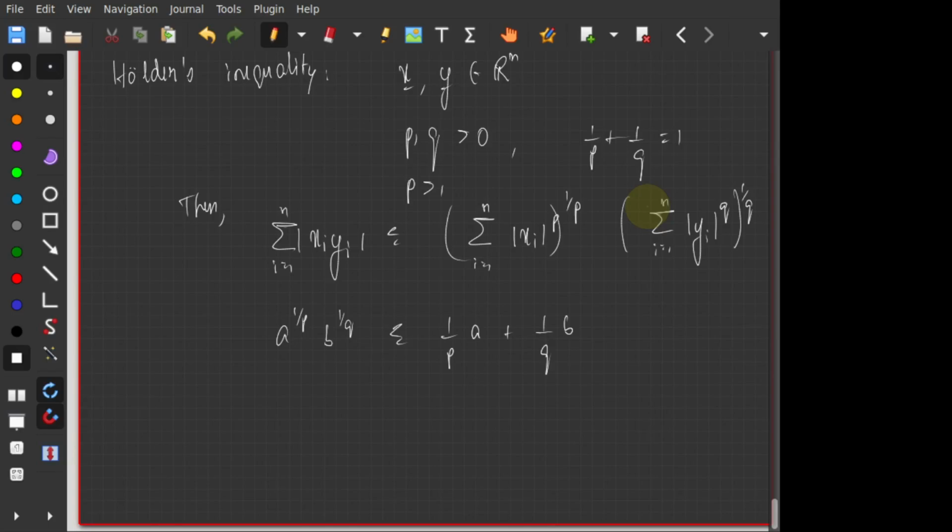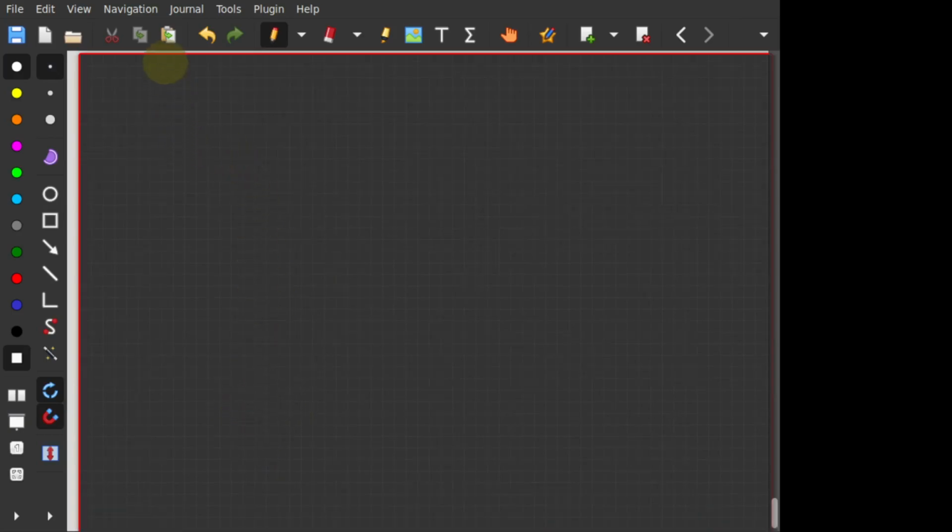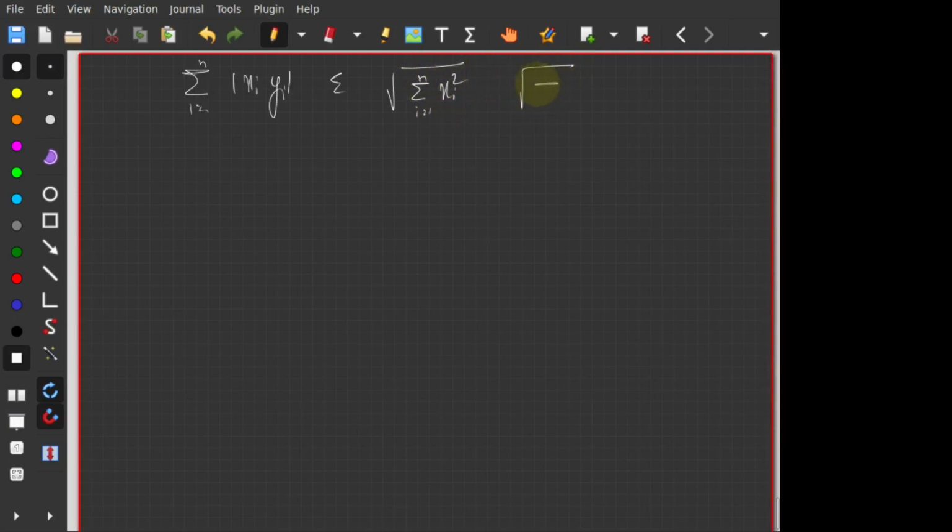So let's suppose I want to show that the summation i equal to 1 to n of xi yi is less than or equal to the square root of summation xi square times summation yi square.